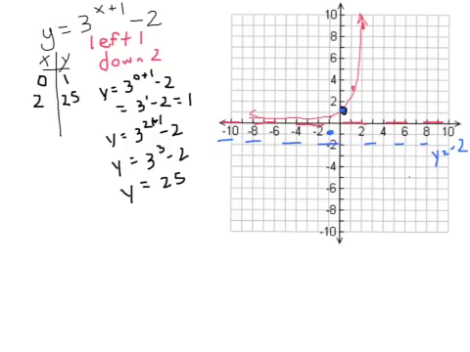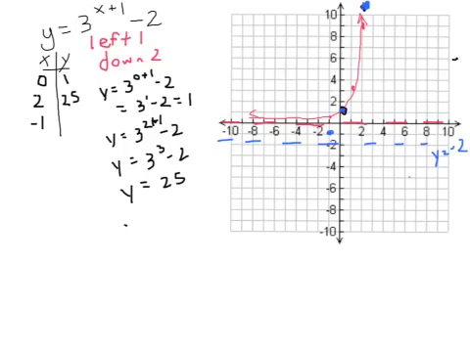So over 2, up 25. So it's going to be way off the screen up here at the top. So I'm just going to exaggerate that up by 10, but really that's up at 25. So it's climbed quickly.